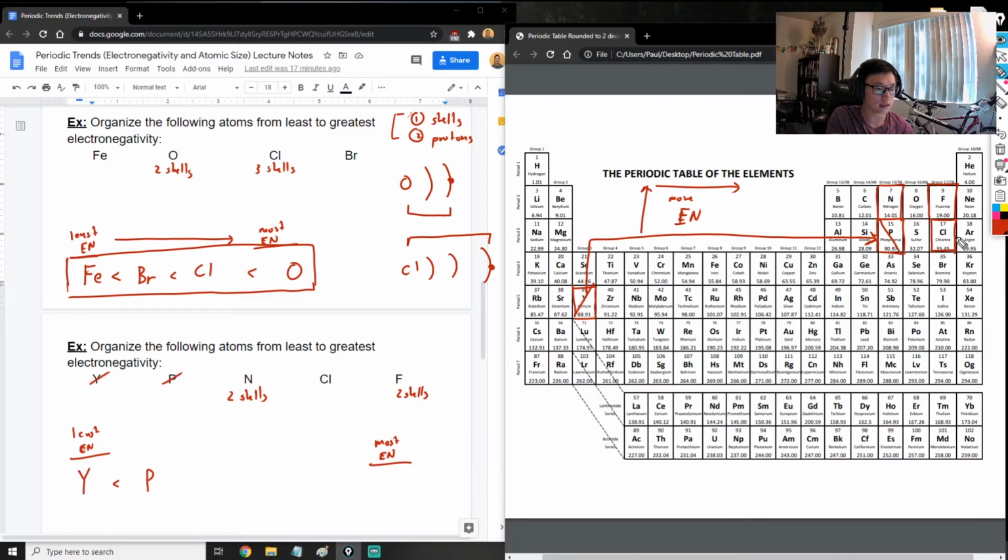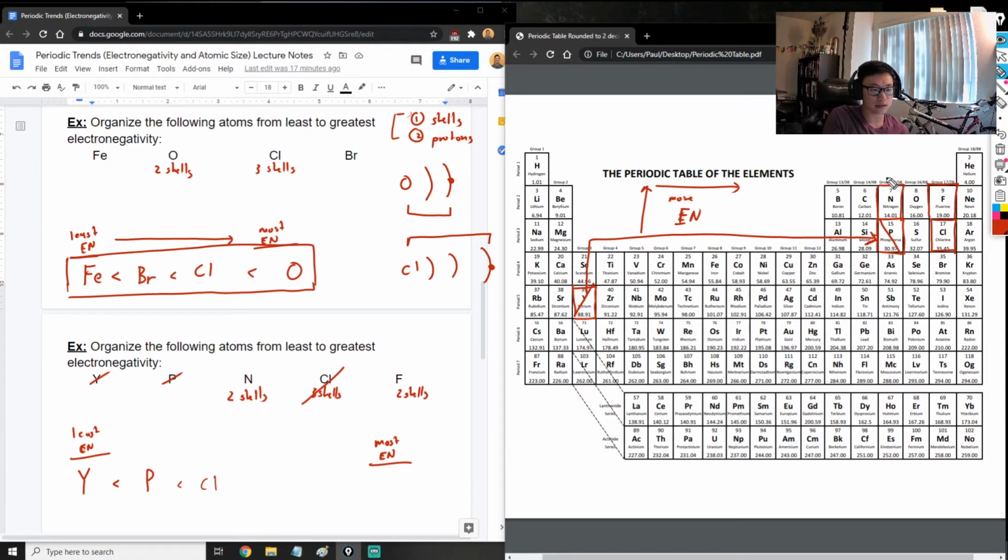Cl is in the third row, so it has 3 shells. And since it has more shells than these two, the electrons are further away. The further away the electrons are, the harder they are to hold. So chlorine is going to be next because it has more shells.